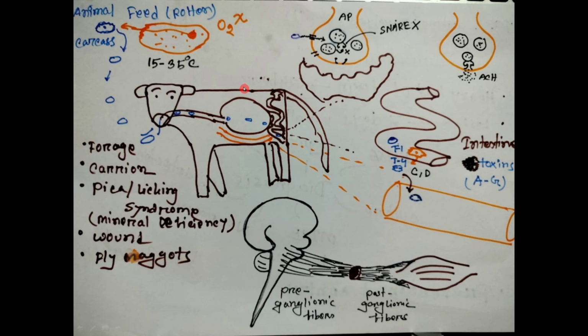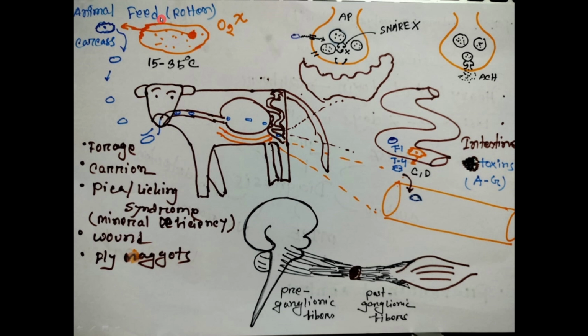Here we'll be learning about the pathophysiology of this disease, and this is a very clear illustration. If we think about Clostridium botulinum, this bacteria has a plasmid containing the toxin gene, which produces the toxin, and this is one kind of exotoxin.